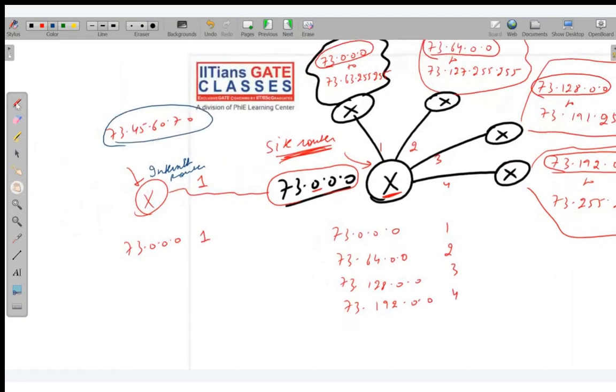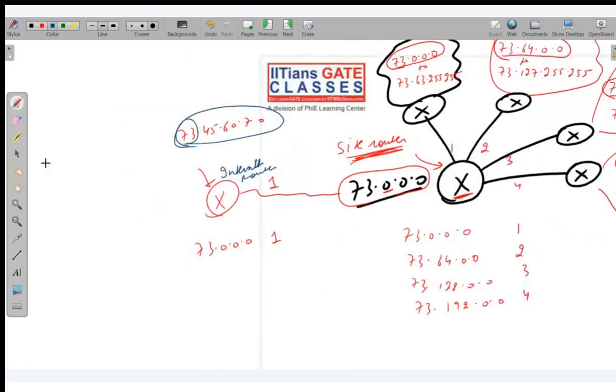What will it do? I have told you many times that it will apply net mask. First of all, it will find the class. Class is A. So it will say okay, net mask is 255.0.0.0. So it will apply it to 73.45.60.70, and since it is class A, it will apply 255.0.0.0.